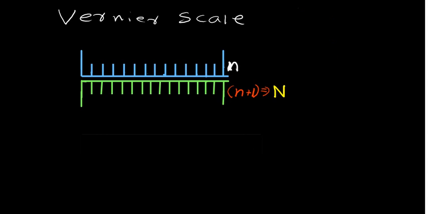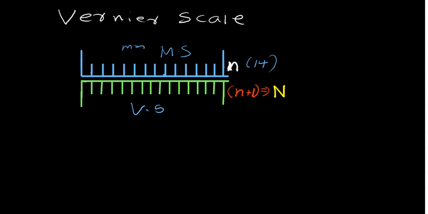In the Vernier scale, the principle is really simple. You select a certain n number of main scale divisions. In this case, if that is millimeters, then n millimeters. In this one I have taken 14 such divisions. So this is 14, the Vernier scale, and this one is the main scale.